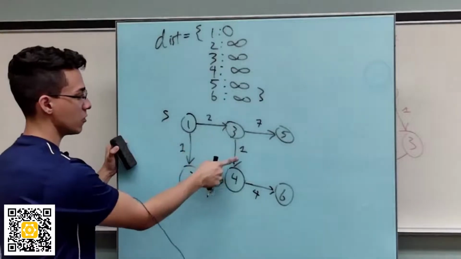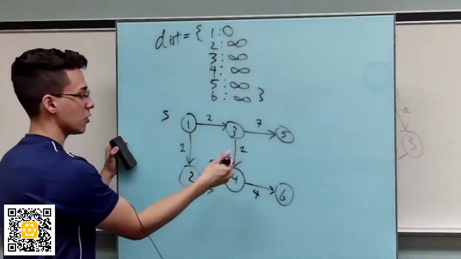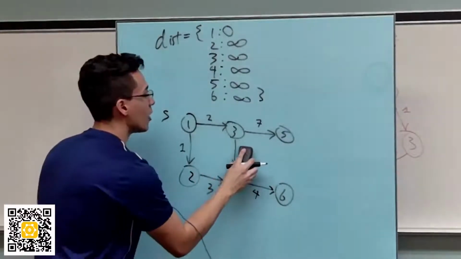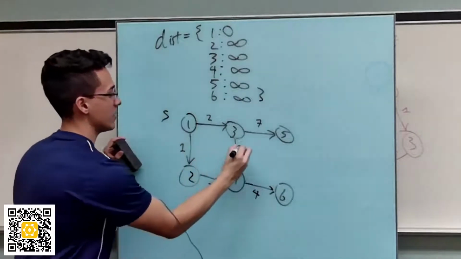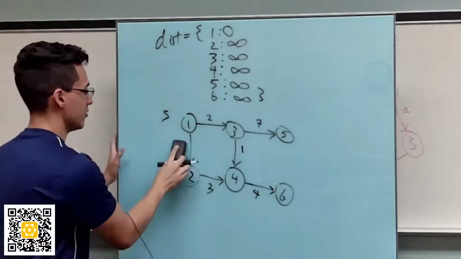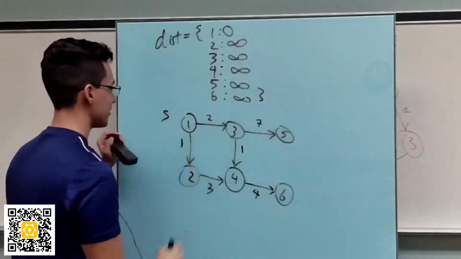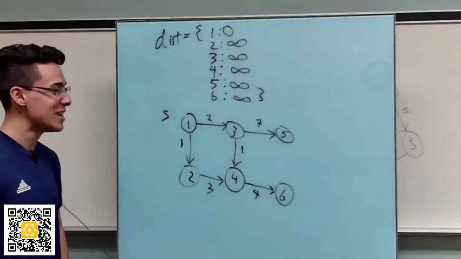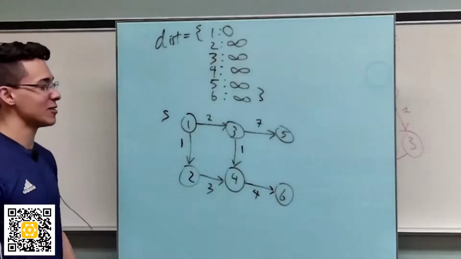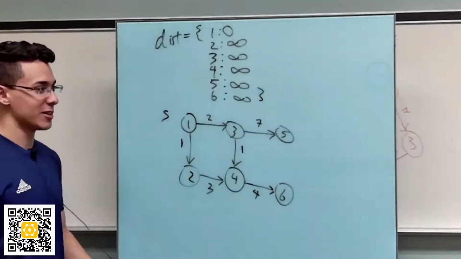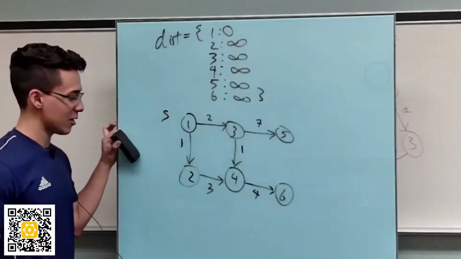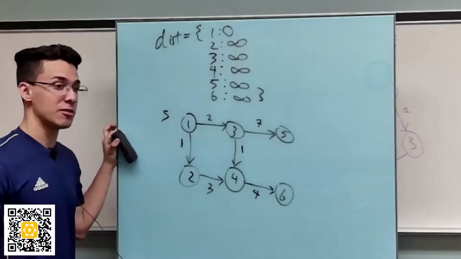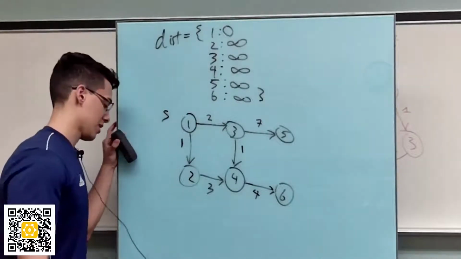Oh, that's a 1. That's a 1. It's the handwriting. Don't worry about it. It's something I have to work on, my penmanship. They're not going to be the same.